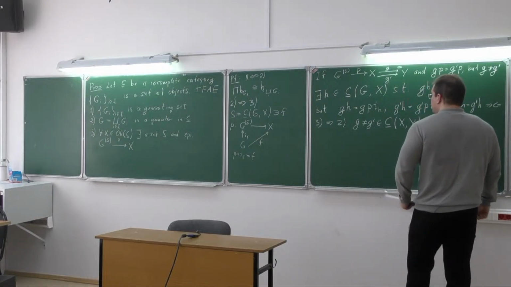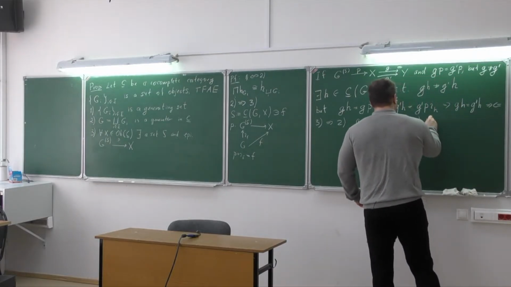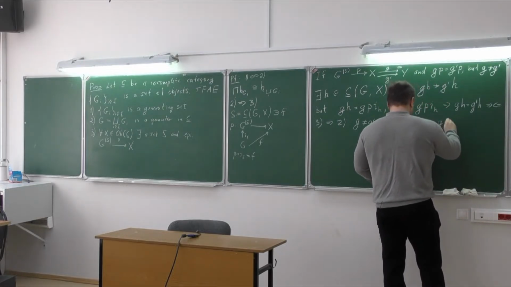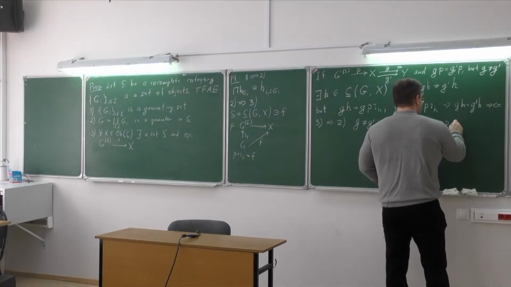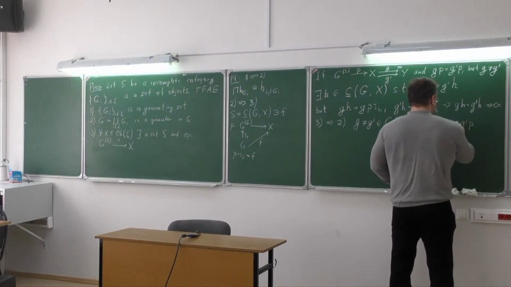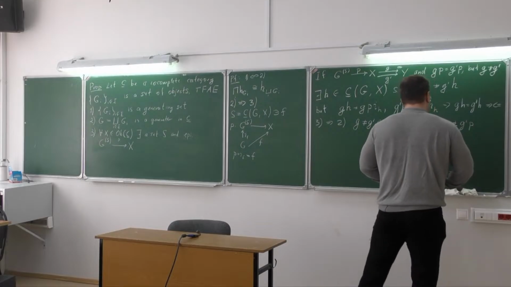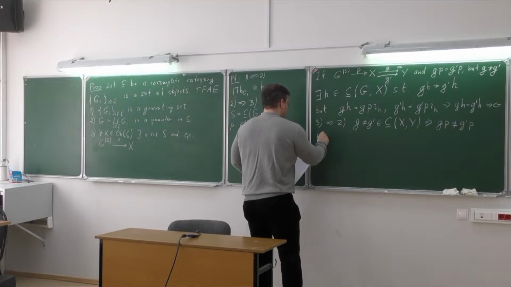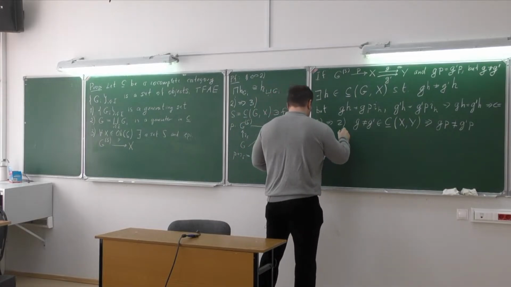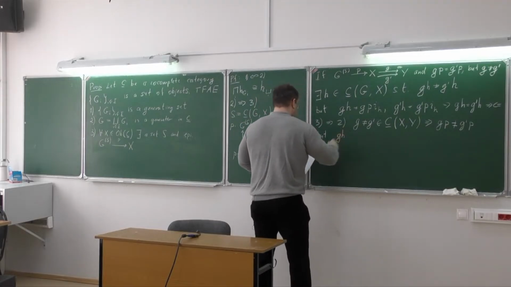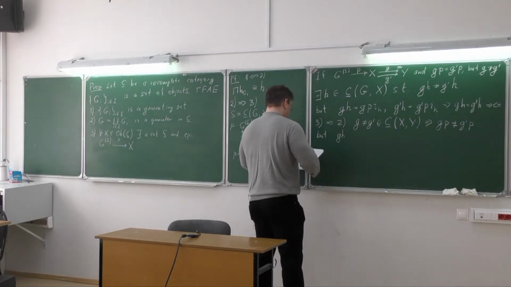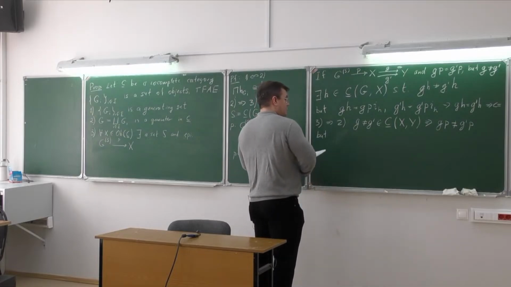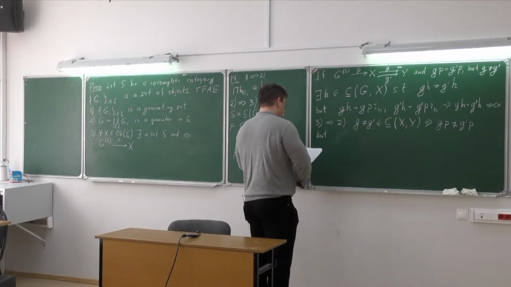Well, since we know that this is an epimorphism, so P is an epimorphism, we can conclude that the composition of the G with P and G prime with P are two different maps. So if these are two different maps, well, I can say the following.